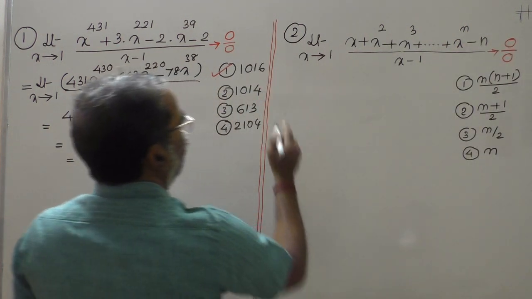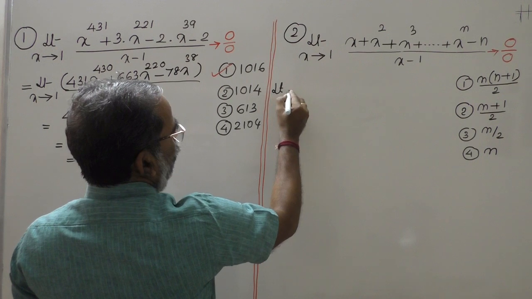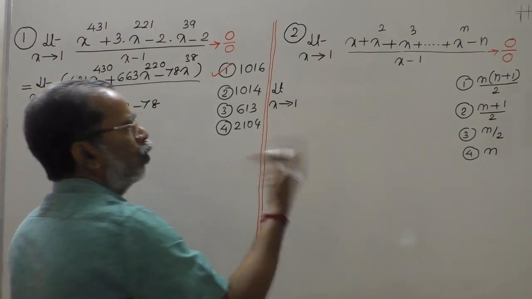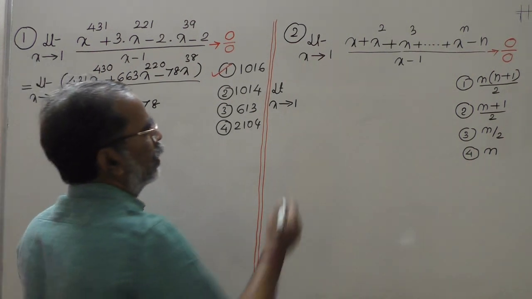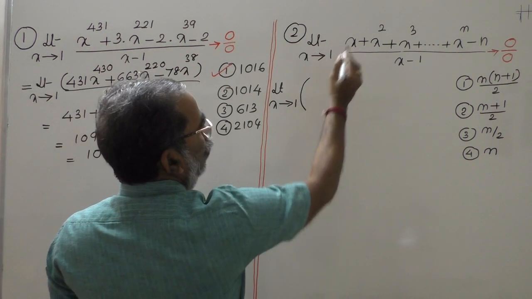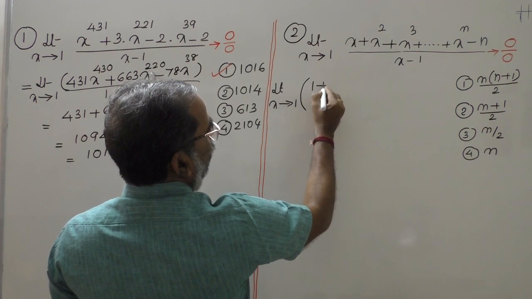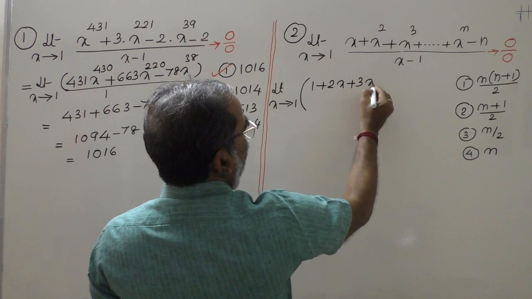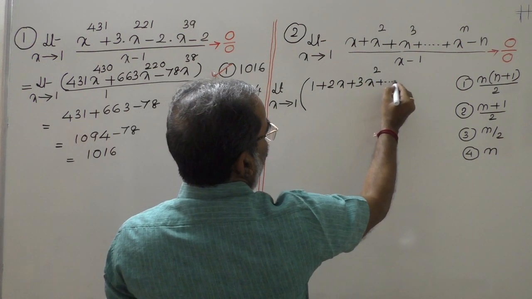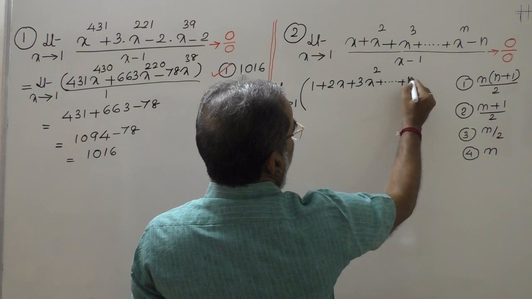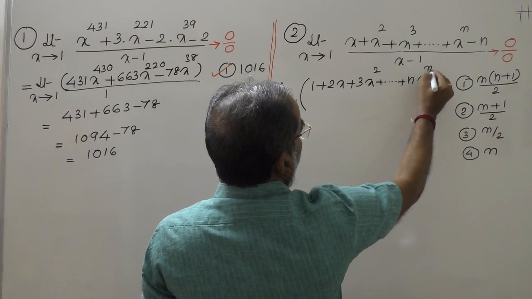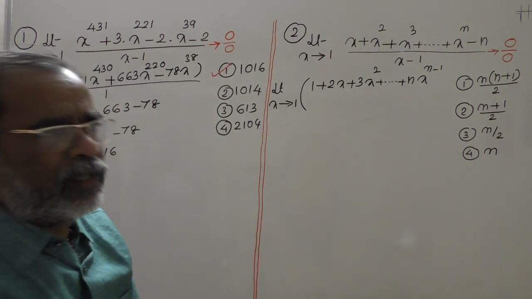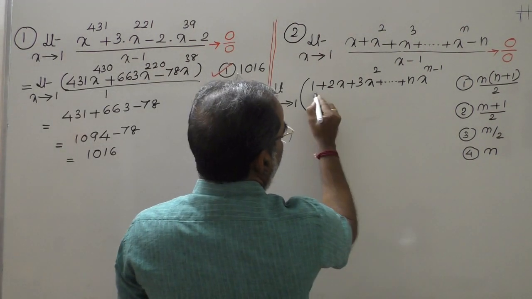Therefore undoubtedly we can use L'Hospital rule. L'Hospital rule says to differentiate numerator and denominator separately. I am differentiating the numerator: the derivative of x is 1, x square is 2x, x cube is 3x square, and so on. The derivative of x power n is n into x power n minus 1, and n has no variable, it is a constant whose derivative is 0.